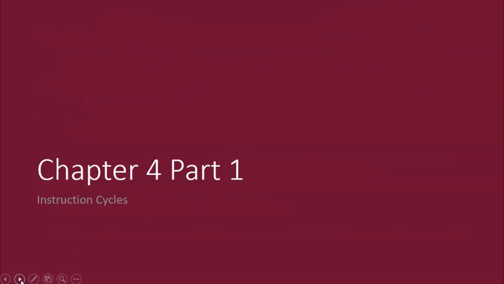Bismillahirrahmanirrahim. So, today we will learn chapter 4 part 1. It is about instruction cycles. Okay. We already covered in chapter 3 about machine cycles and instruction cycles. There is a slight difference between instruction cycles and machine cycles.